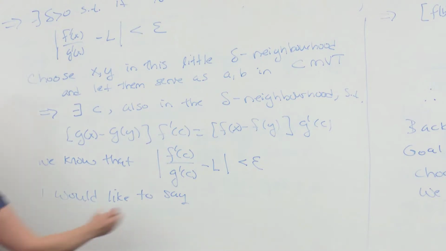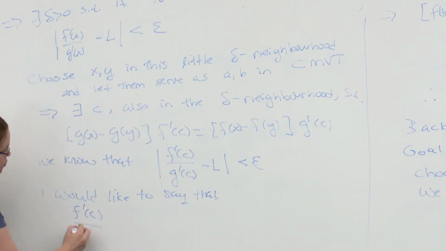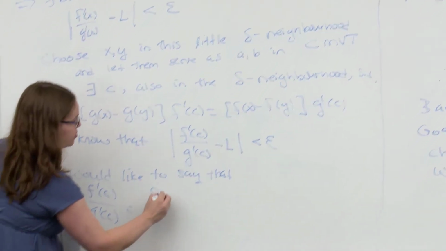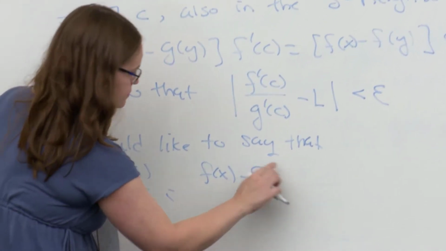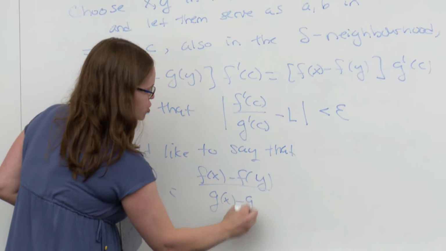So I would like to say that f prime over g prime is equal to f of x minus f of y over g of x minus g of y.